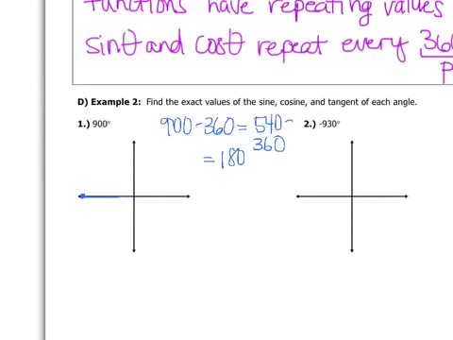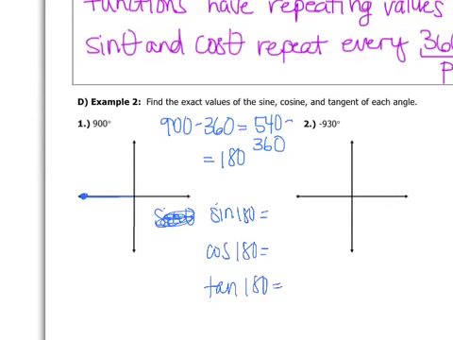So we go to the unit circle, looking at 180 degrees for sine, cosine, and tangent. Based off of your unit circle, what is the sine of 180 degrees? 0. And cosine? -1. And tangent? 0. Very good.